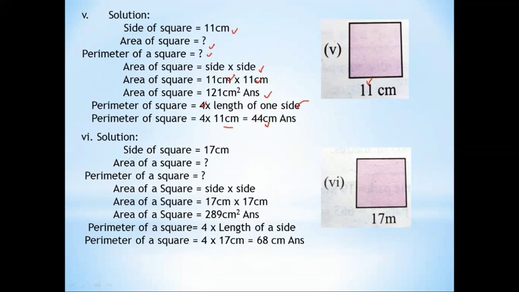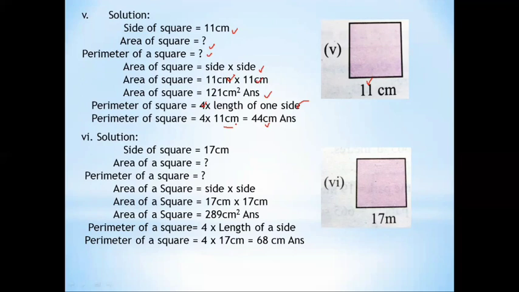So dear students, here is the solution. Question number 5: side of the square 11 centimeters, area of a square we have to find, perimeter of the square we have to find.